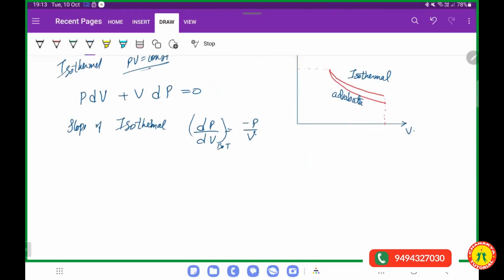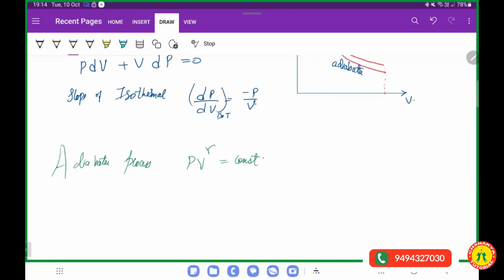For adiabatic process, PV to the power gamma equals constant.